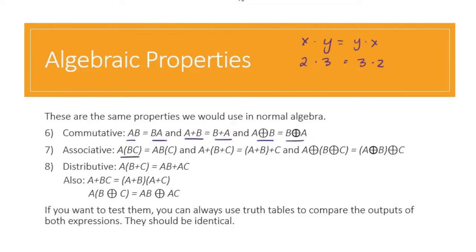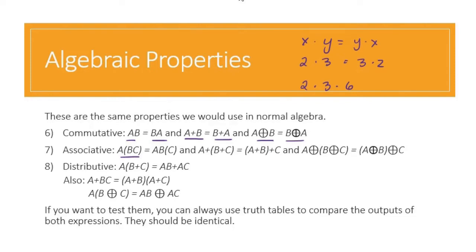The associative property is another familiar one. If I take three numbers, 2 times 3 times 6, and multiply them together, it doesn't matter which order I group them in.